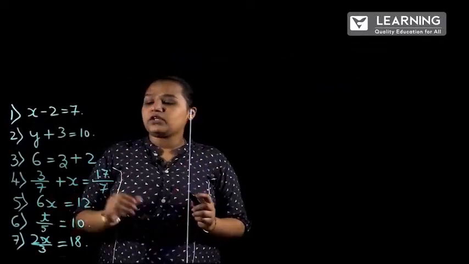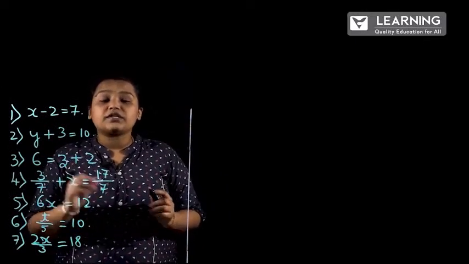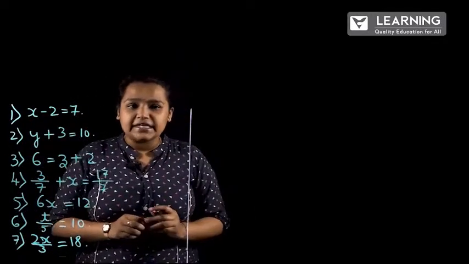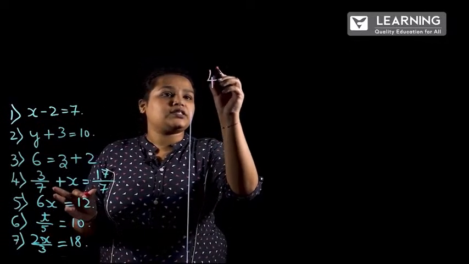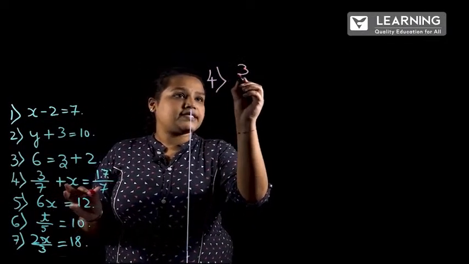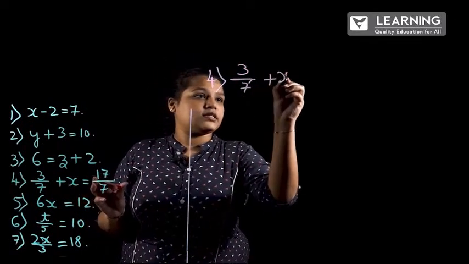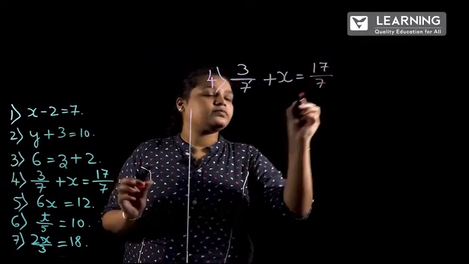Now we have the fourth question, which is in the form of fractions, or in the form of p by q, that is, rational numbers. We have studied rational numbers in chapter 1, right? So let's solve the fourth question. 3 by 7 plus x is equal to 17 by 7.